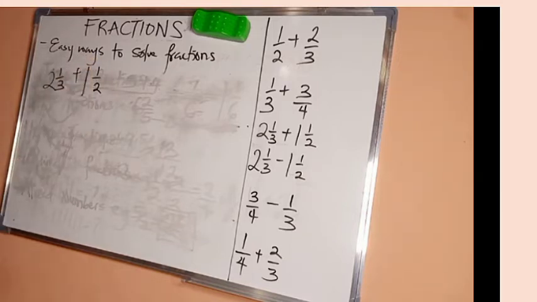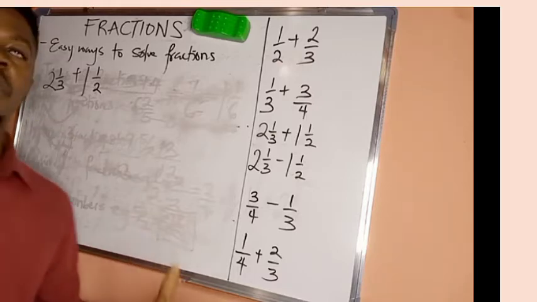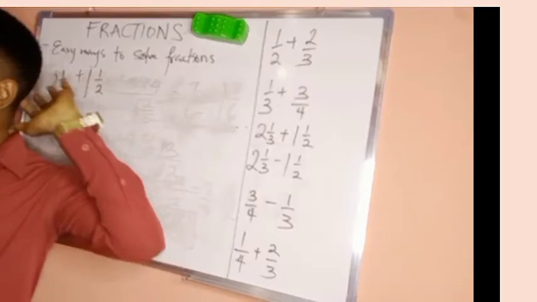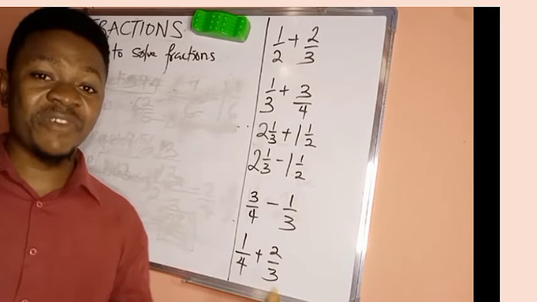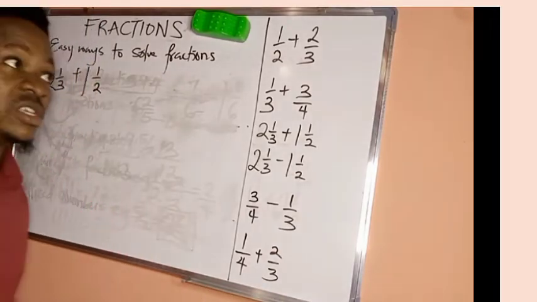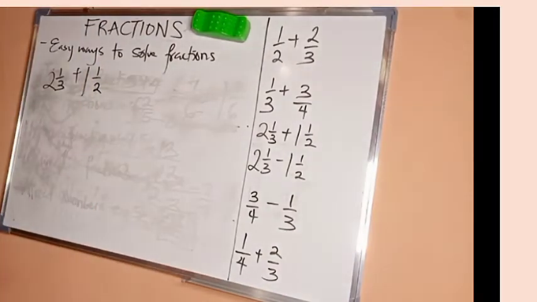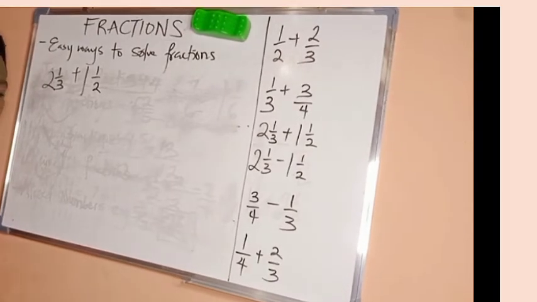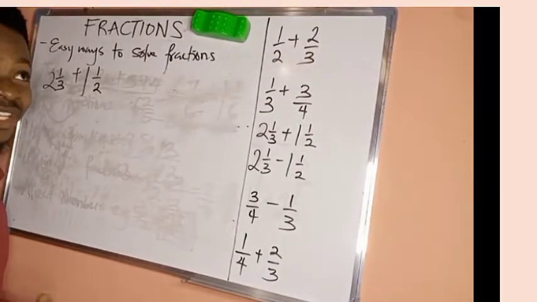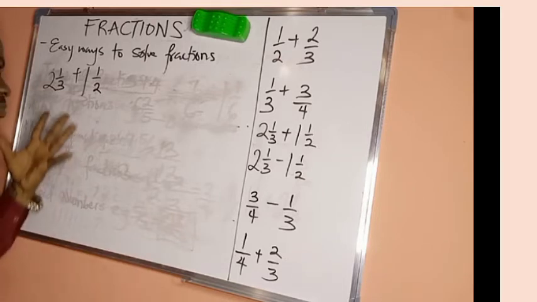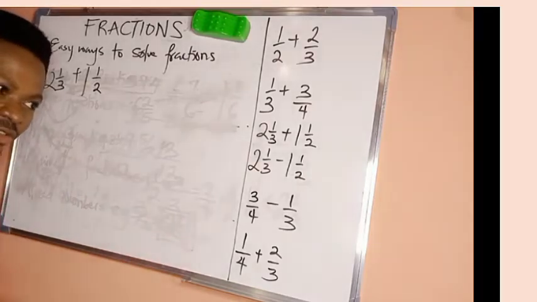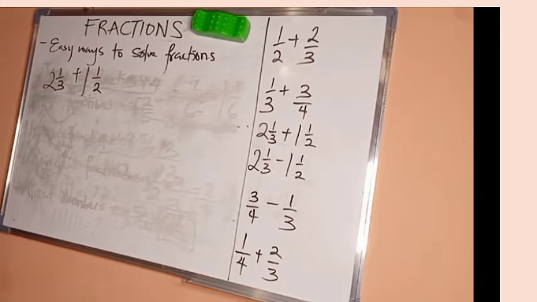Now, when you want to solve mixed numbers, please, it's easier when you convert those mixed numbers towards improper fractions. Makes it easier to solve. Okay. There are some funny mixed fraction calculations that involve some sort of rules, but when you convert it to improper fraction, it becomes just easy.